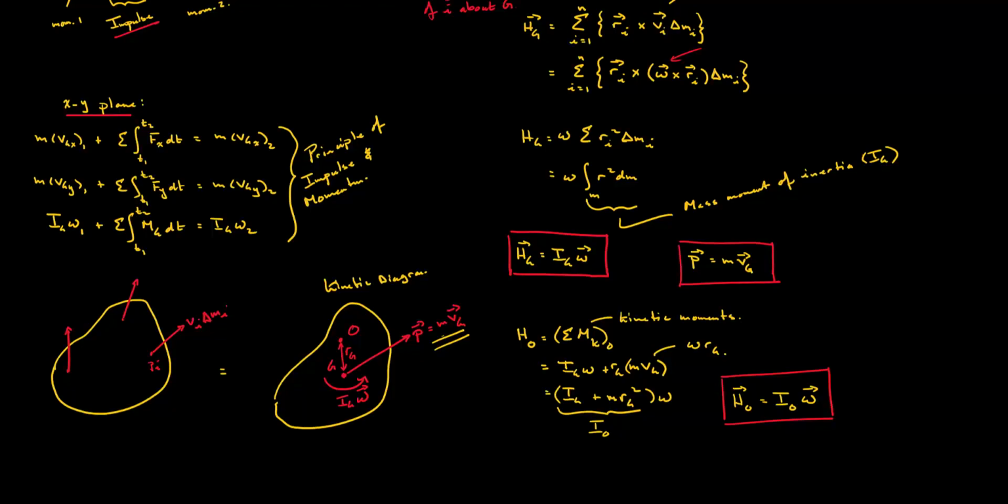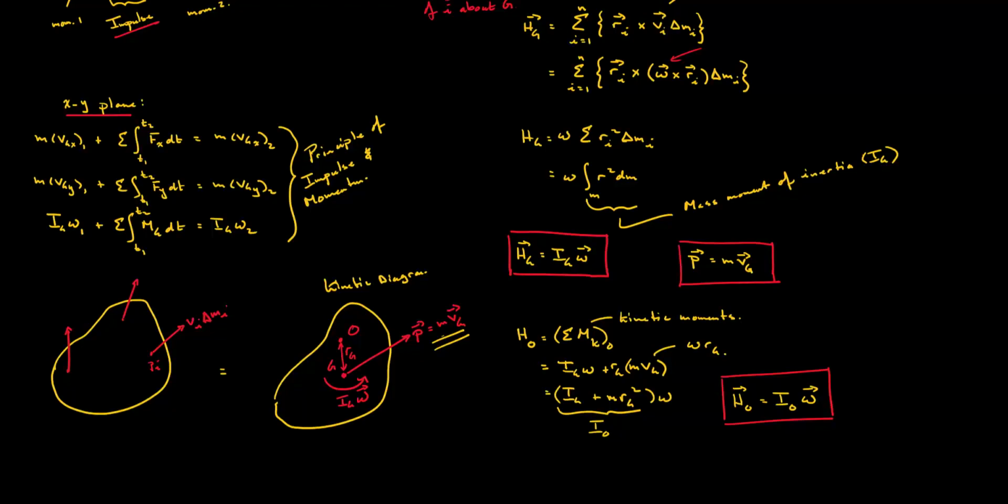This led us to the question of when we're considering a rigid body, do additional terms appear? That is, are there different forms for the momentum, and are there different forms for the impulse? So in a linear sense, we have a linear momentum plus a linear impulse, which is a force applied over a time. And so is there such a thing as an angular momentum and an angular impulse?